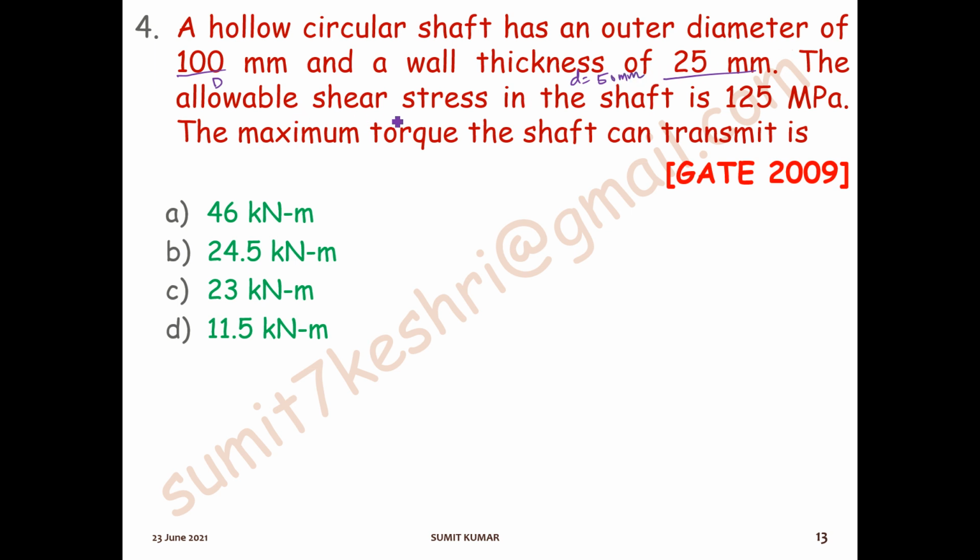Now the allowable shear stress, tau, is given. We need the maximum torque of the shaft. We know the formula, torque by IP is equal to tau by R, so torque T is equal to tau by R into IP.